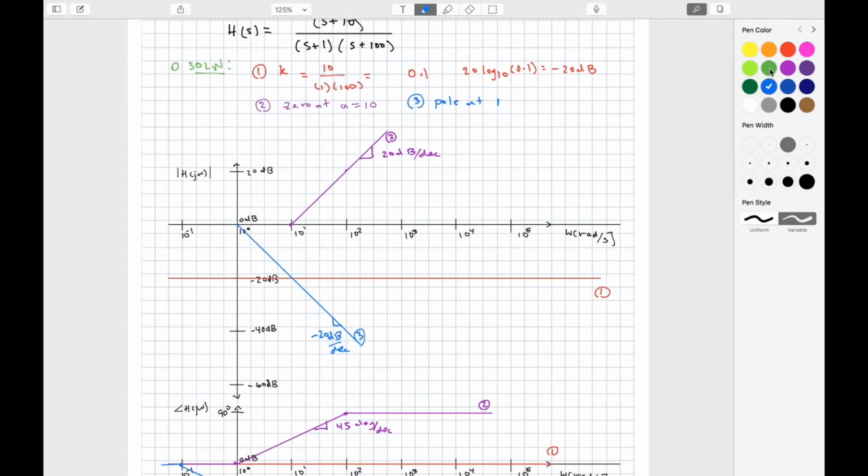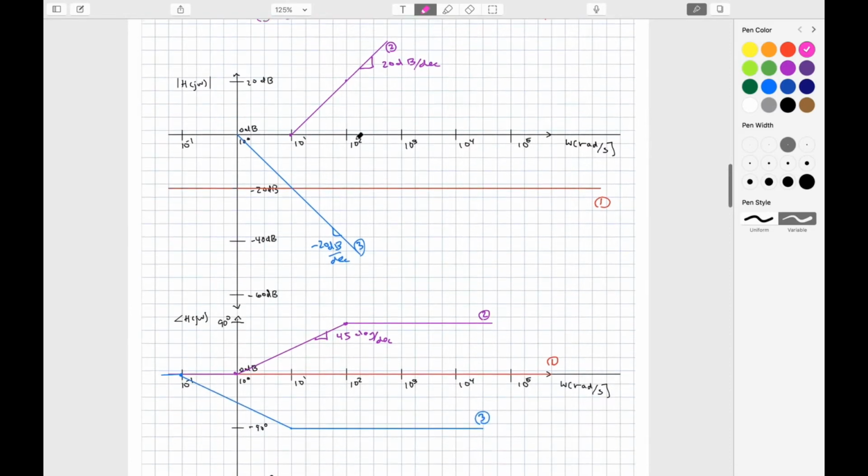And then finally, what I'm going to do is for the pole at 100. All right, so that's 10 to the 2. That means that I'm going to start here, go to negative 20 dB in 1 decade, and continue on from there.